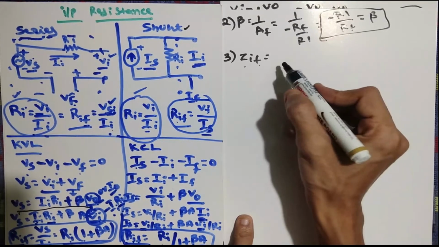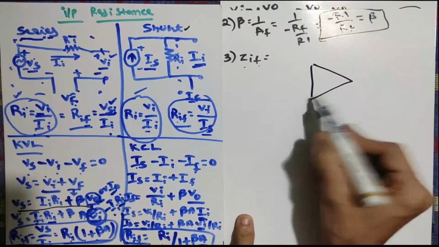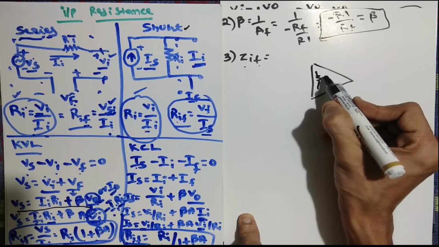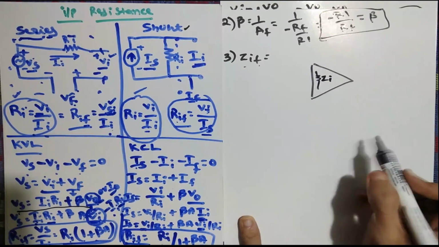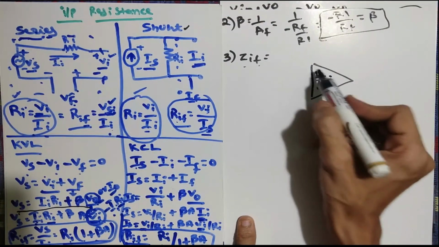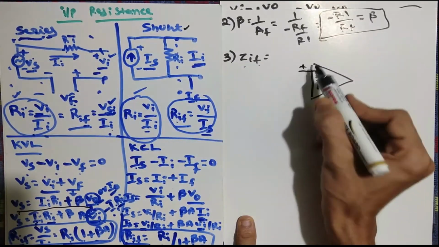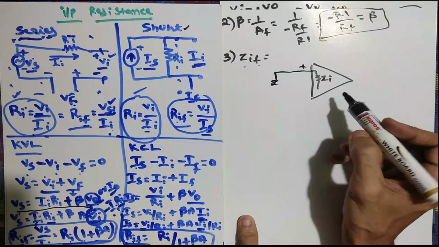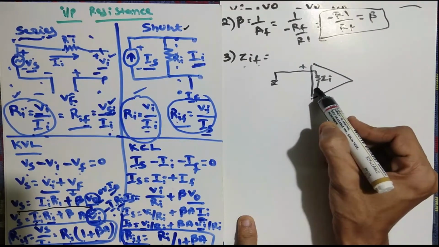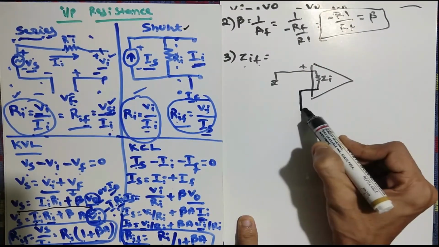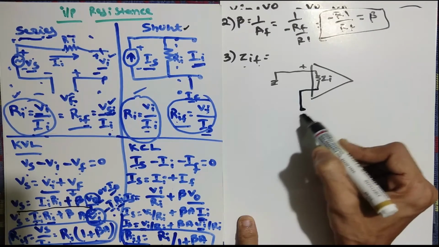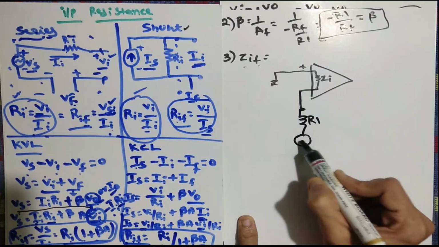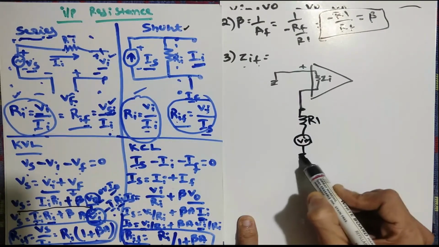See here, our diagram looks something like this. We have an op-amp, and inside we have to take one resistance, which we can call Zi or Ri. The positive terminal is connected to ground. At the input terminal, this is something like VF, and here we have one resistance R1, and here we give V in, and this is ground.